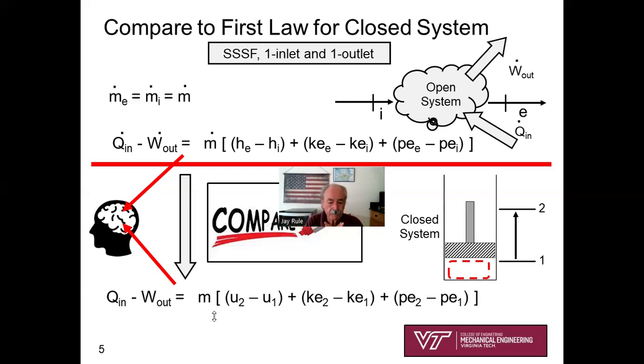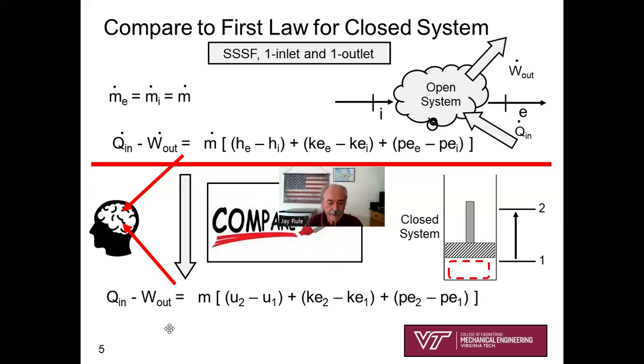Okay. And so on the positive side, look at the similarities to help you get things into your head. Similarities, differences. When we've got an open system, we're using enthalpy change. When we've got a closed system, we're using internal energy change. And you remember the difference back to the lectures, the enthalpy change is the result of flow work that is done on the fluid that's flowing into and out of the open system.